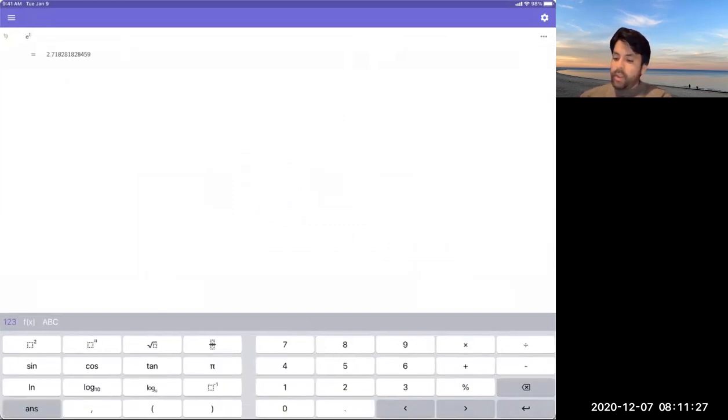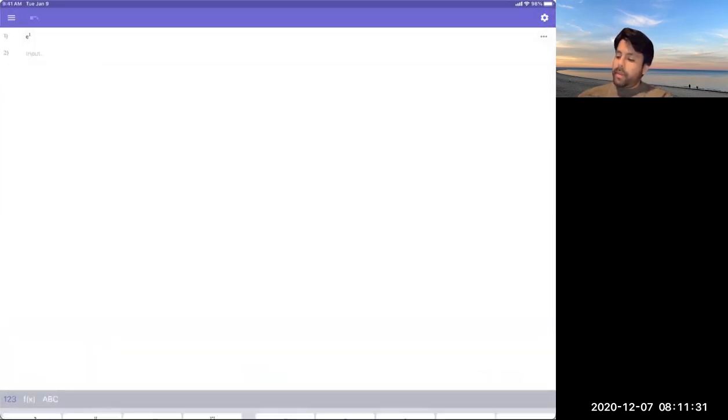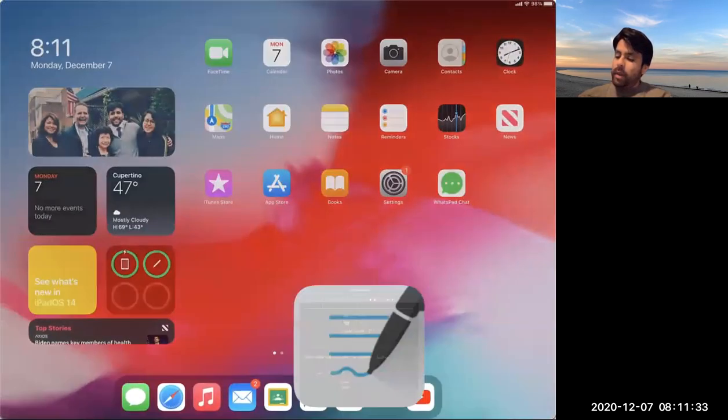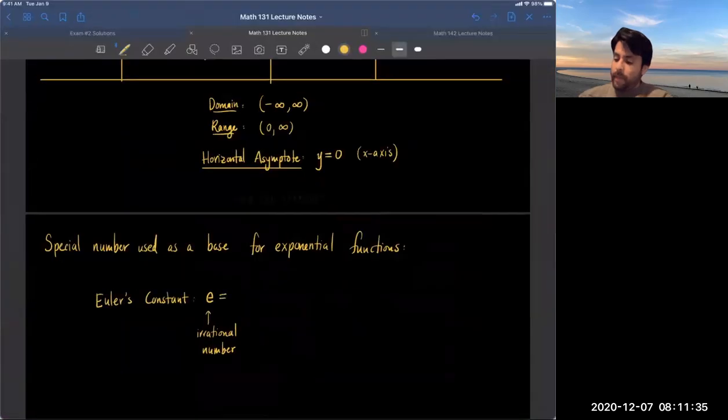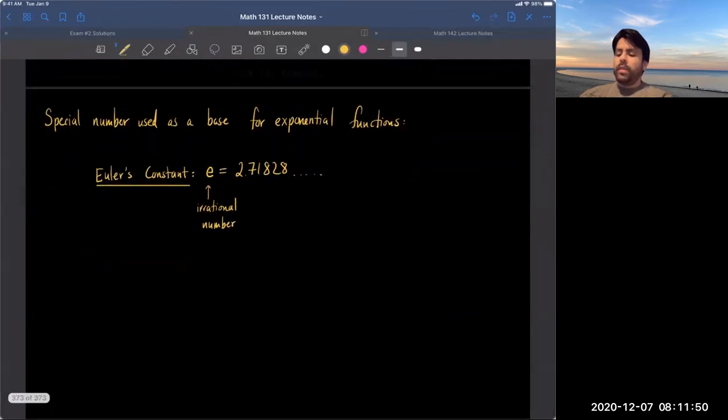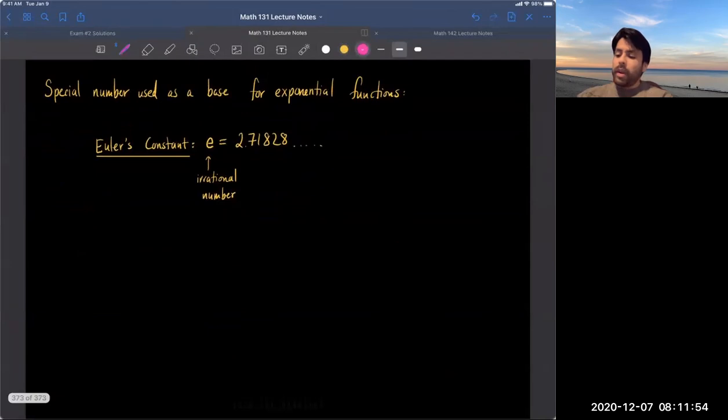You put this in your calculator and you get 2.71828, and this goes on forever. And this is a very special number because it appears a lot in nature, in the way the world works. So this is a special number.